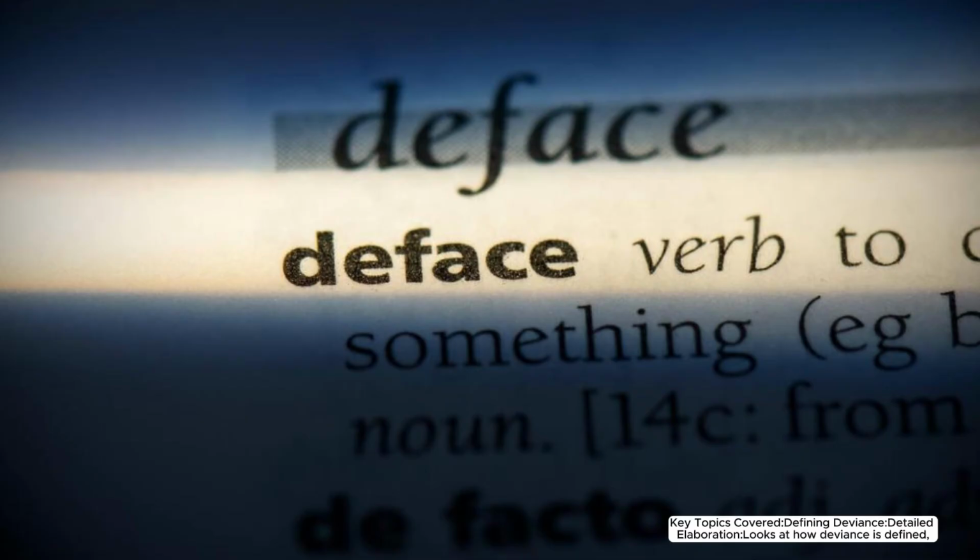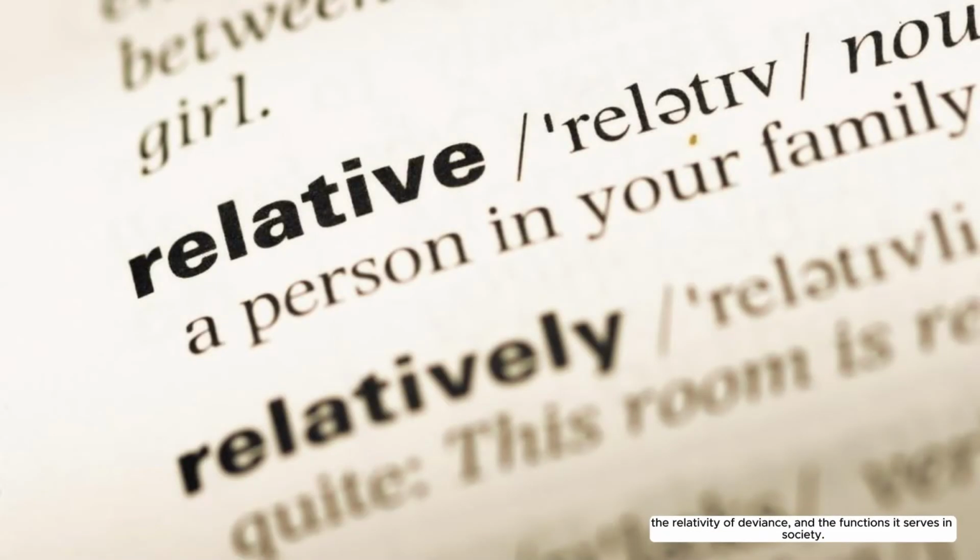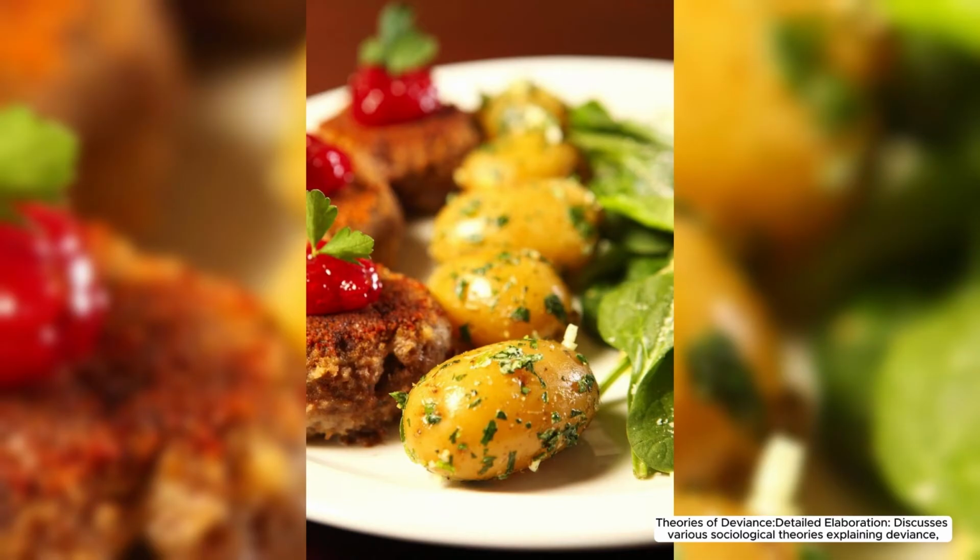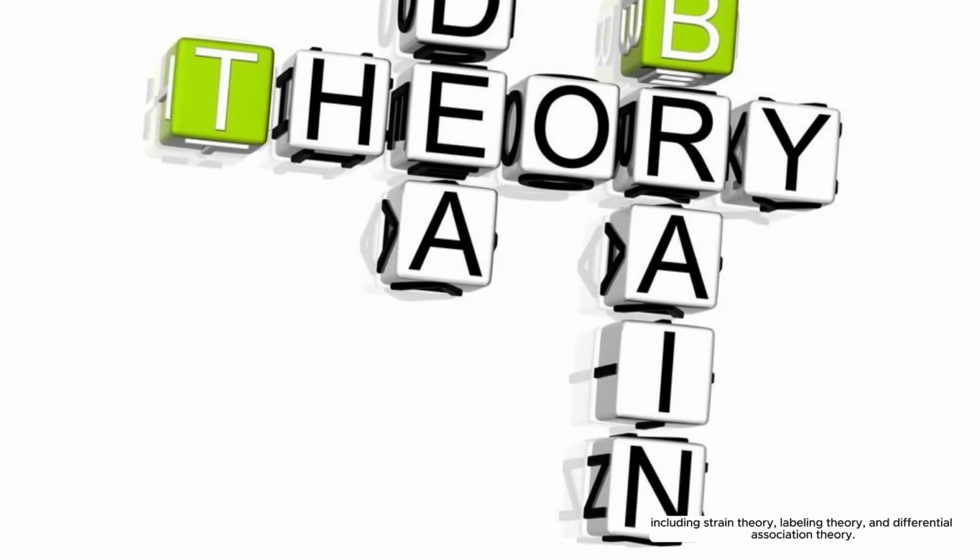This looks at how deviance is defined, the relativity of deviance, and the functions it serves in society. Theories of deviance. This discusses various sociological theories explaining deviance, including strain theory, labeling theory, and differential association theory.